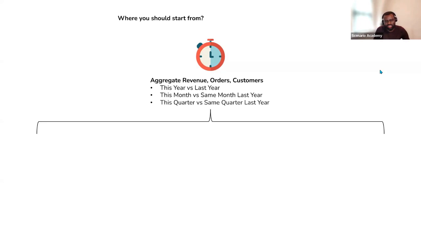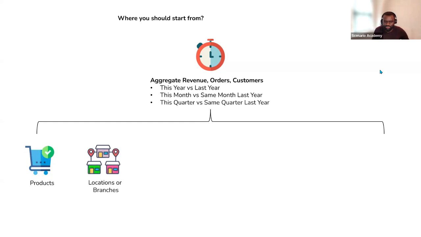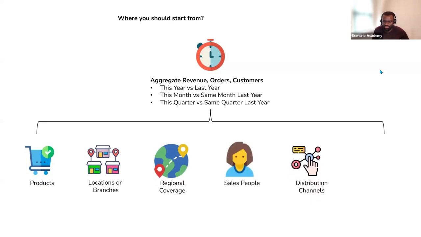And then they may want you to further break down some of those figures by their sales locations, or by their product, or by their salespeople, or by the regions that they've been able to cover, their distribution channels and the likes.